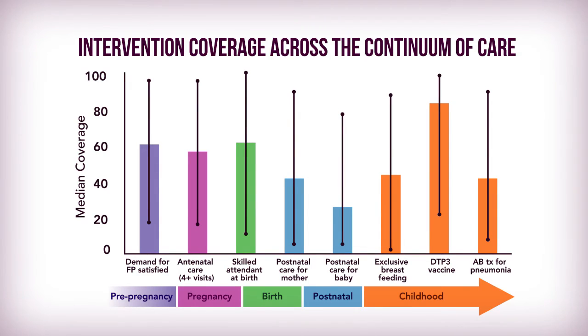So the first thing to understand in this coverage graph is that we seem to be doing reasonably well globally with the kind of interventions that are delivered through vertical programs and channels of delivery that are related to things like vaccine programs or vitamin A supplementation as part of these campaigns.